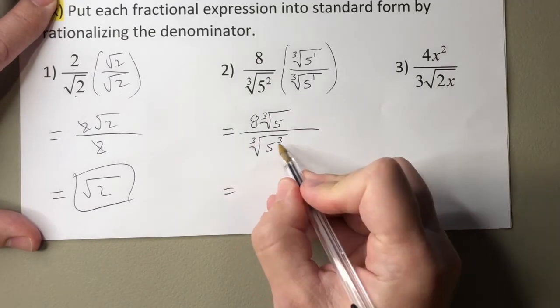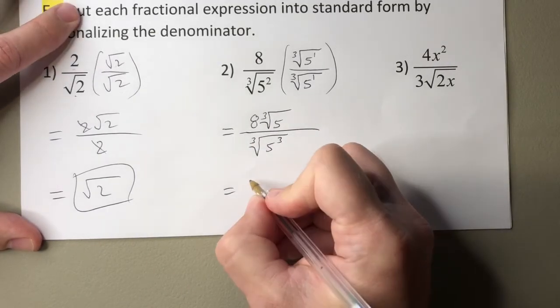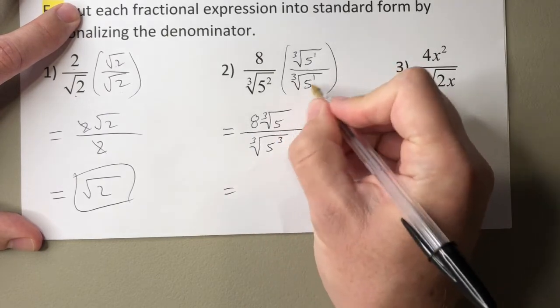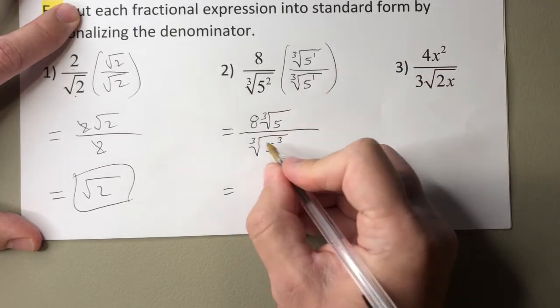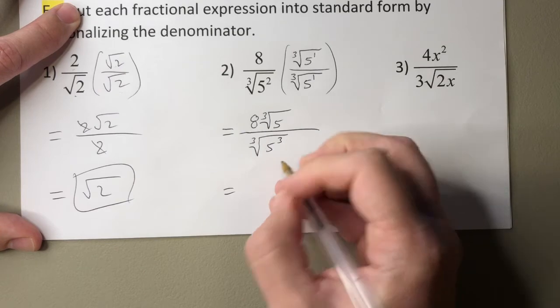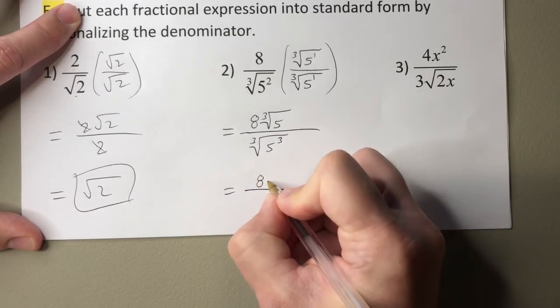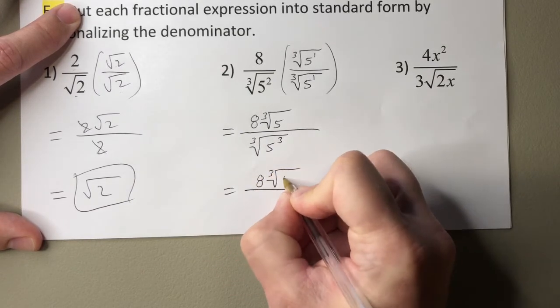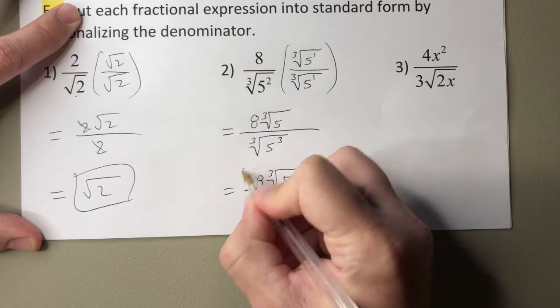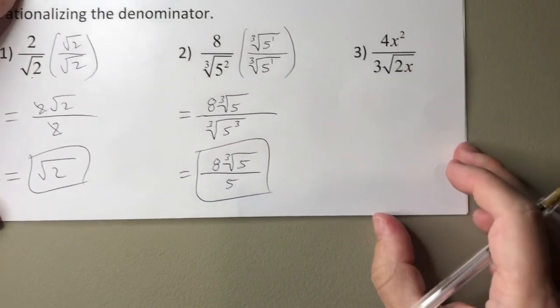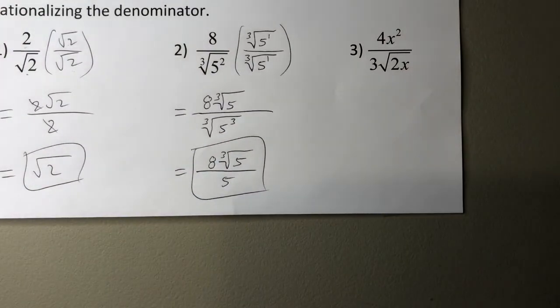If the index is the same as this exponent, they cancel. So the whole point of adding 1 more 5 is so that these do cancel out, and you're left finally with this expression in simplest radical form. Finished with number 2. All right, moving on to number 3.